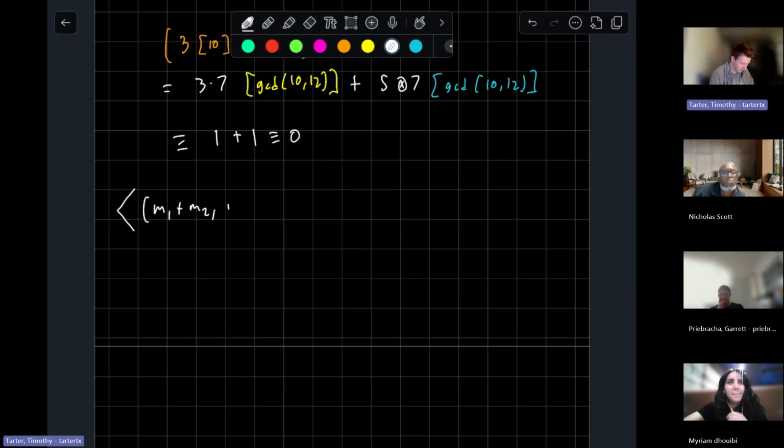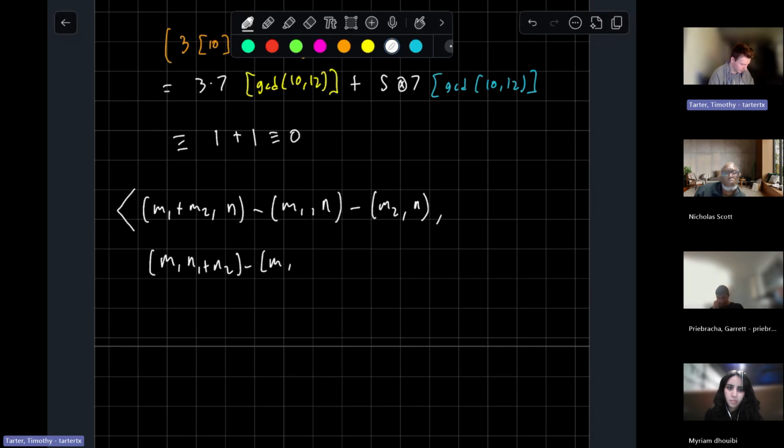m1 plus m2 comma n minus m1 comma n minus m2 comma n, and then the second generator is m comma n1 plus n2 minus m comma n1 minus m comma n2, and then a times mn minus amn.